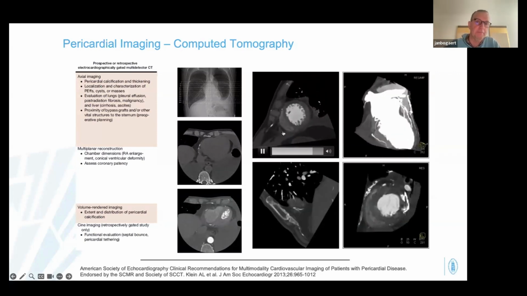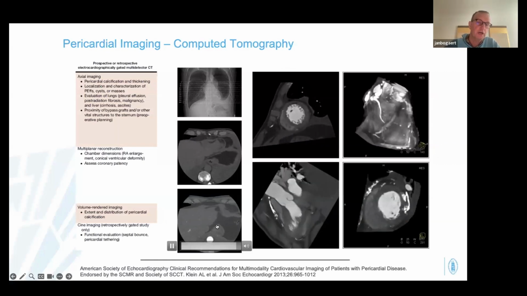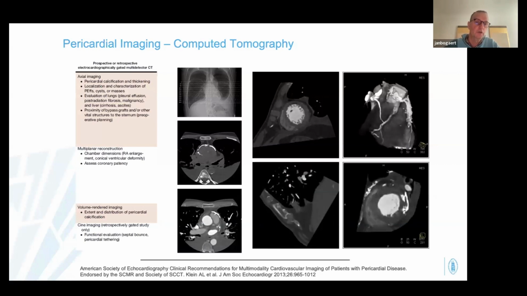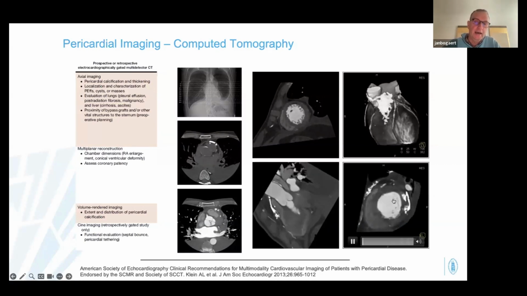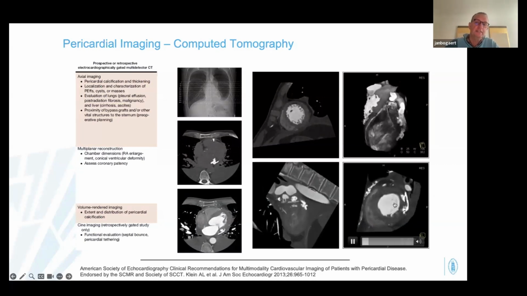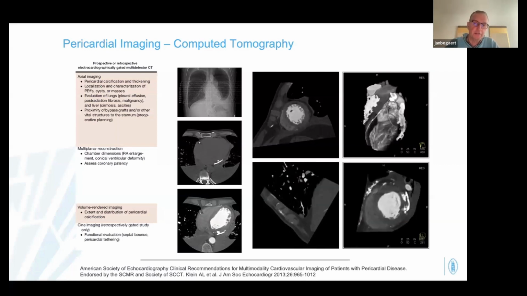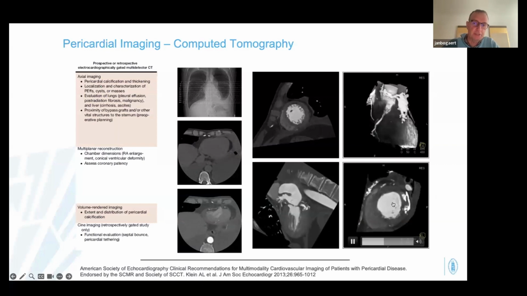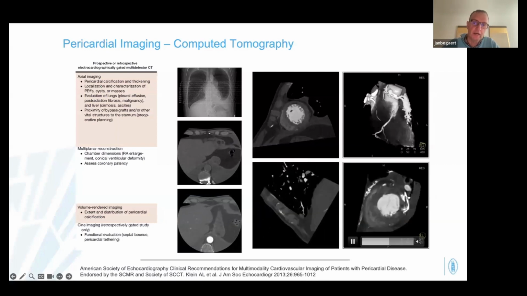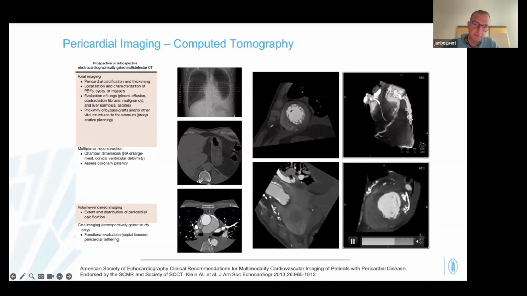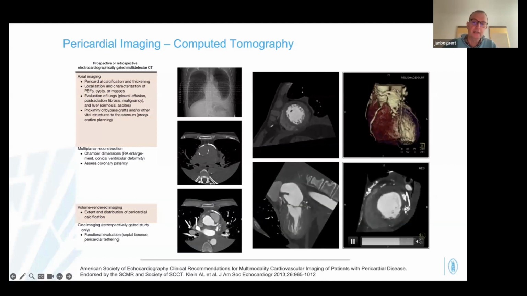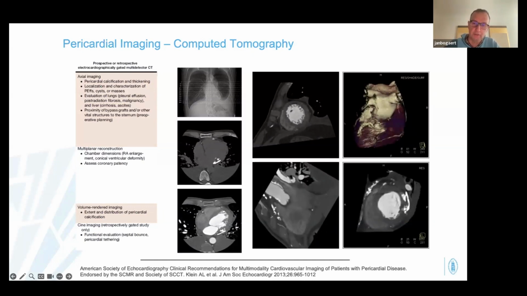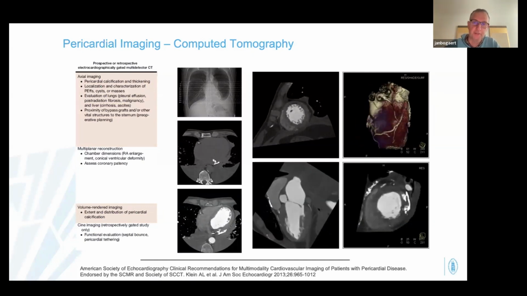You can also look at the rest of the heart, the liver, and the inferior vena cava, to see if they are abnormal. And if you irradiate the patient over the entire cardiac cycle, you can make dynamic images of the heart, and you see very well here the pericardial calcifications invading the lateral wall of the left ventricle. I will come back to this phenomenon in one of the next slides.